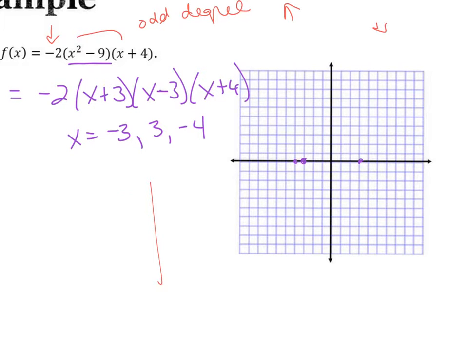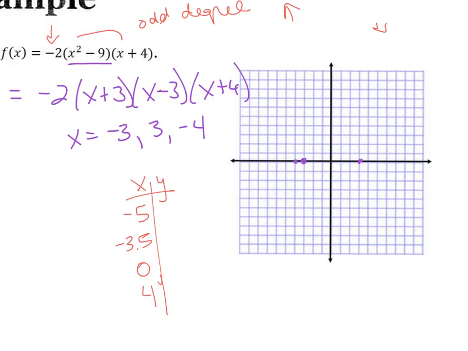So I'm going to make my table, and I'm going to put in a -5 and a -3.5 because I want to know what's happening between those 2 points. Maybe a 0 and a 4. I'll start there.